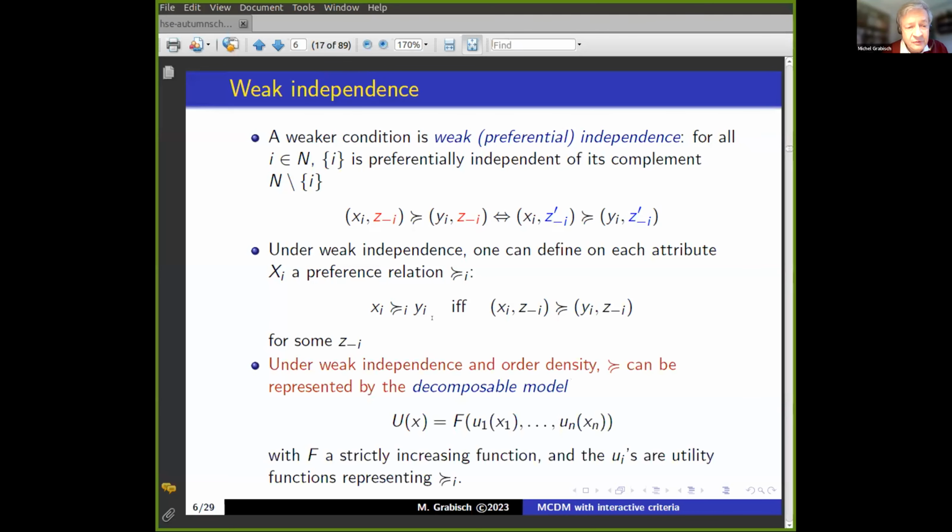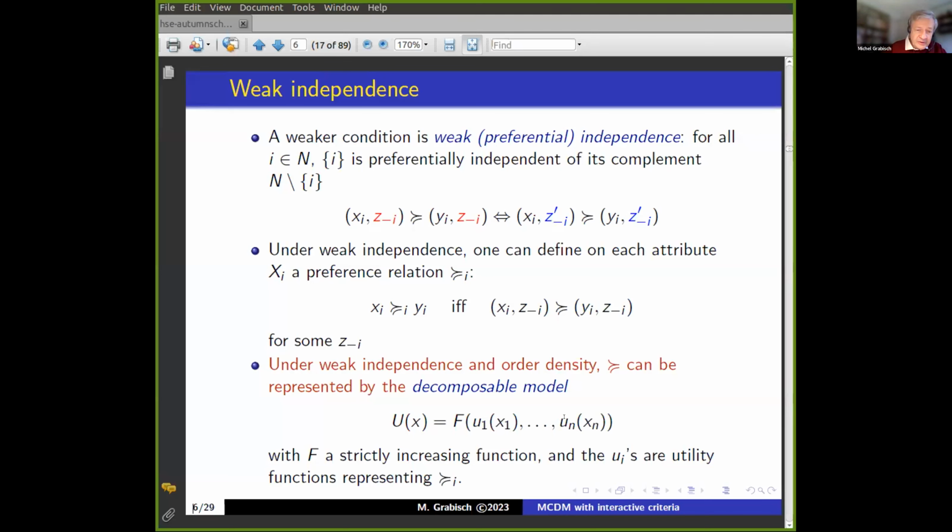Okay, then if you are able to do this under some measurement condition, under, for example, order density, you can build a marginal utility function u_i on this attribute. So since this holds for every attribute, then you are able to build all marginal utility functions u_1 to u_n.